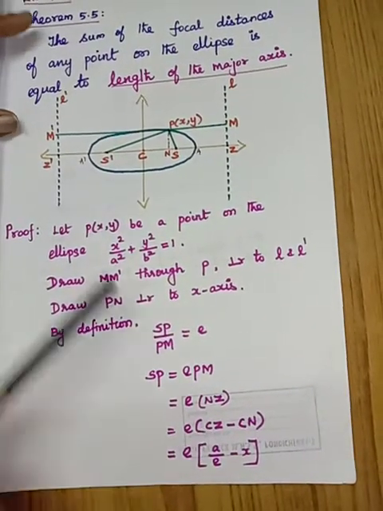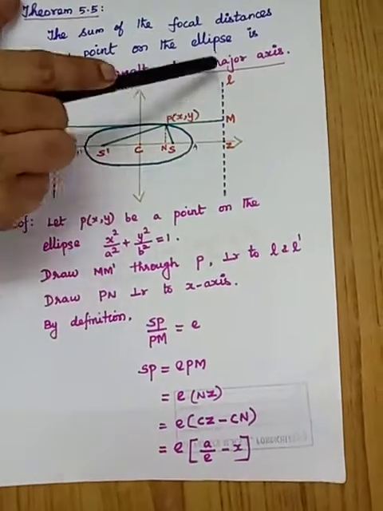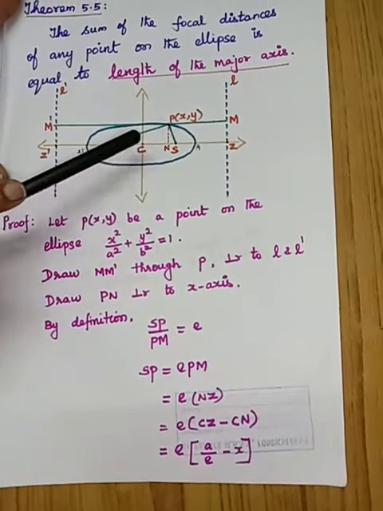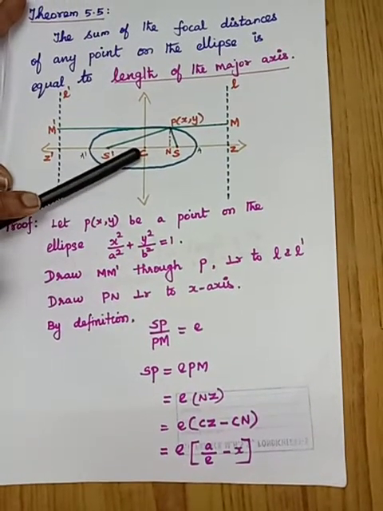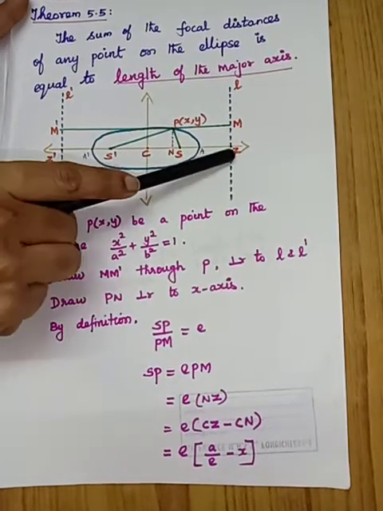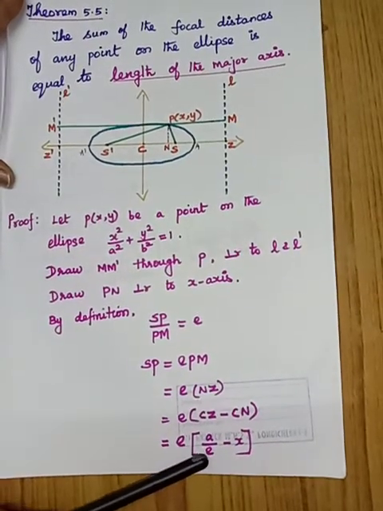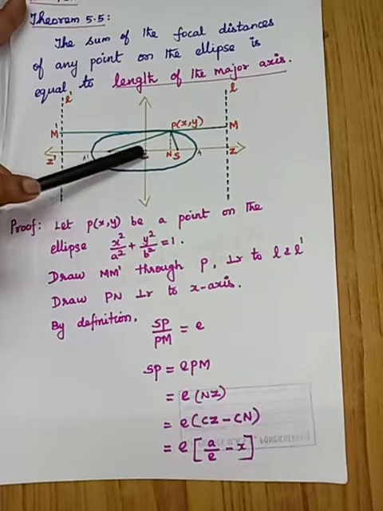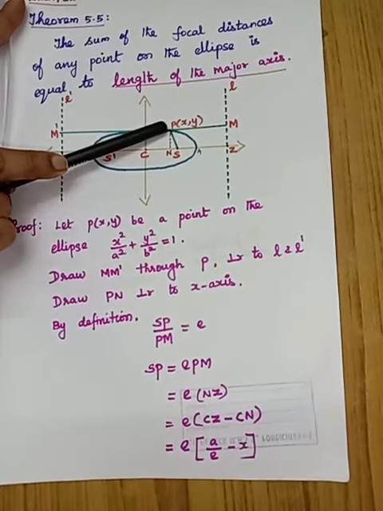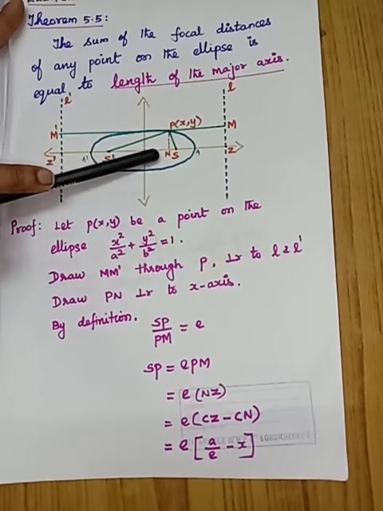CZ, what's the distance? C is (0, 0) and Z is a point on the directrix. Already we have seen the distance between the center of the ellipse and any point on the directrix is a by e. So CZ is a by e. And CN is nothing but x, because P(x, y) is taken on the ellipse, and from P we have drawn the perpendicular.